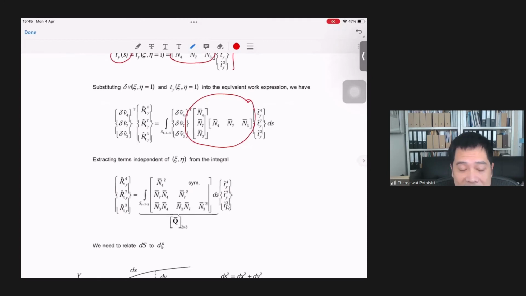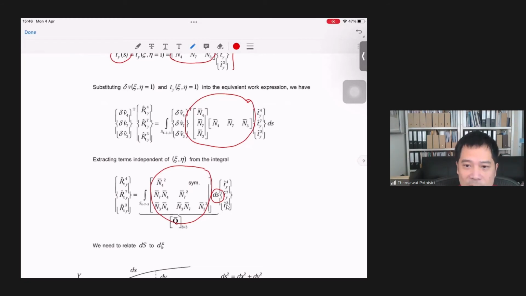Now, the only remaining question is how can you evaluate this Q matrix based on this contour integral or curve integral ds.